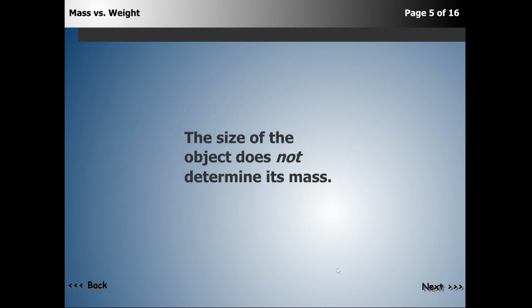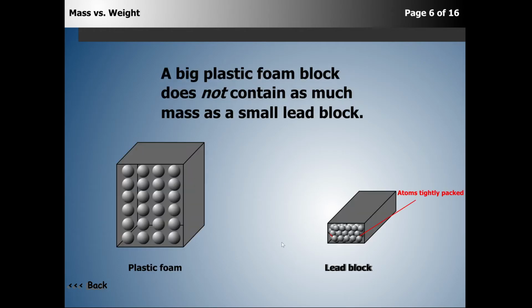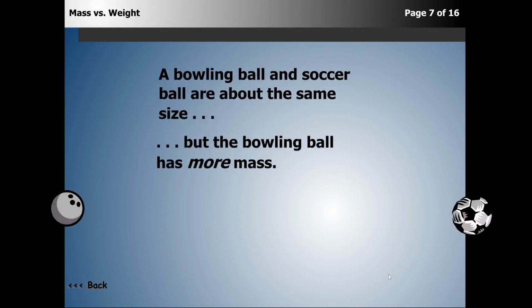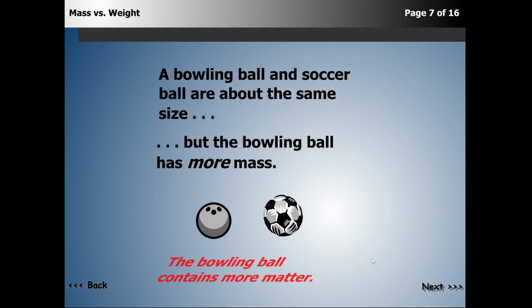The size of the object does not determine its mass. A big plastic foam block does not contain as much mass as a small lead block. Remember, masses consist of atoms. A bowling ball and a soccer ball are about the same size, but the bowling ball has more mass. It contains more matter.